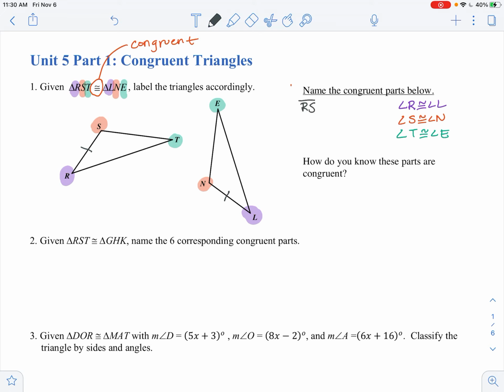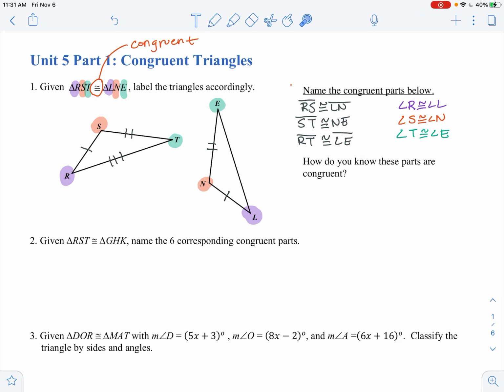So segment RS is congruent to segment LN. I also know that segment ST is congruent to segment NE. And then last but not least, I know that segment RT is congruent to segment LE.